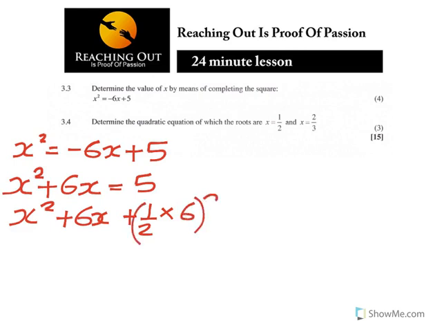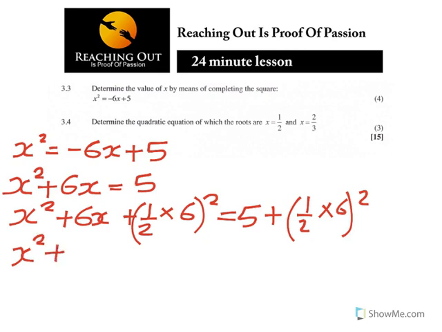And then what do we do? We square it, which is equal to 5. What you do on the left, you do on the right. Plus half times 6, squared. Now this is the same as, if you simplify, half times 6 squared. It's like you have x squared plus 6x plus 3 squared is equal to 5 plus 3 squared.